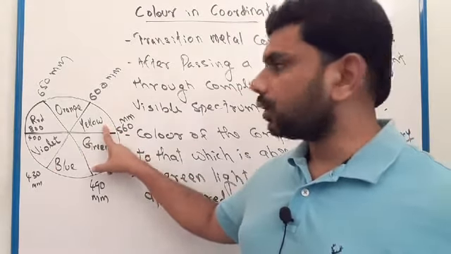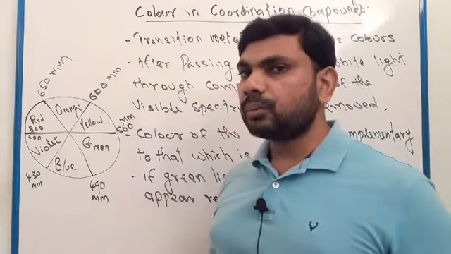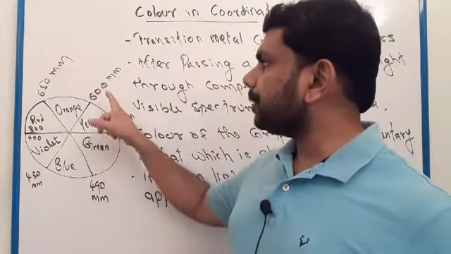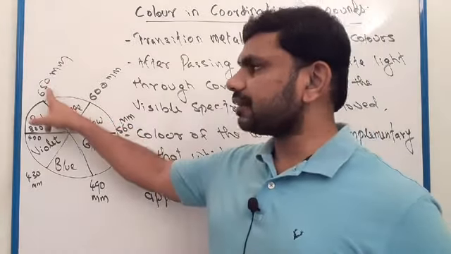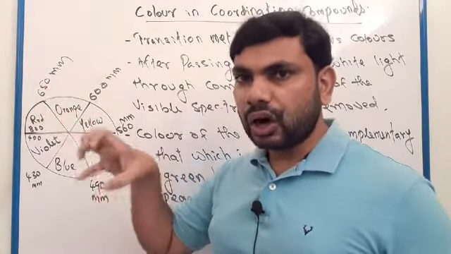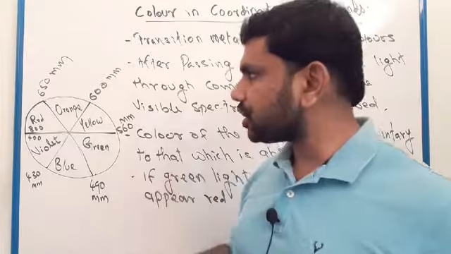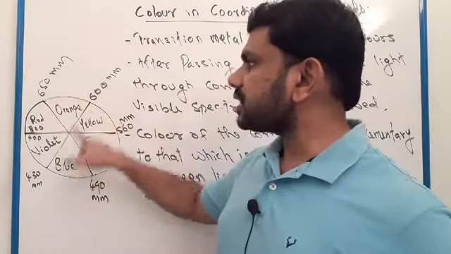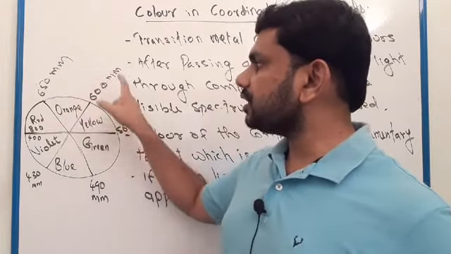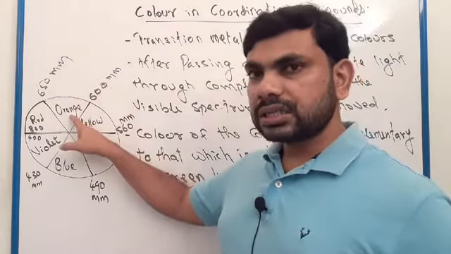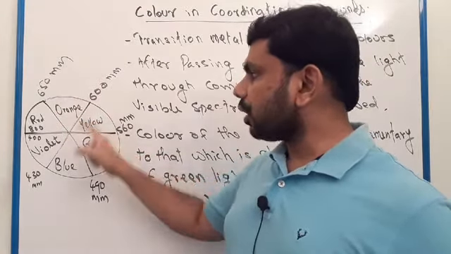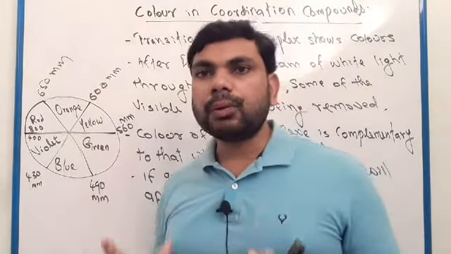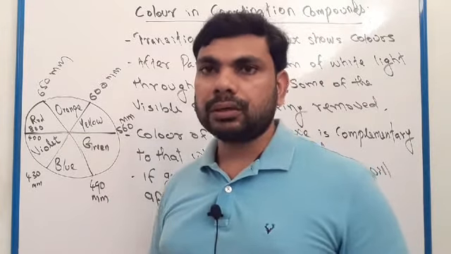Similarly, if a coordination compound absorbed radiation with wavelength between 600 to 650, that means orange color, so its complementary color will be blue. So the coordination compound appears blue.